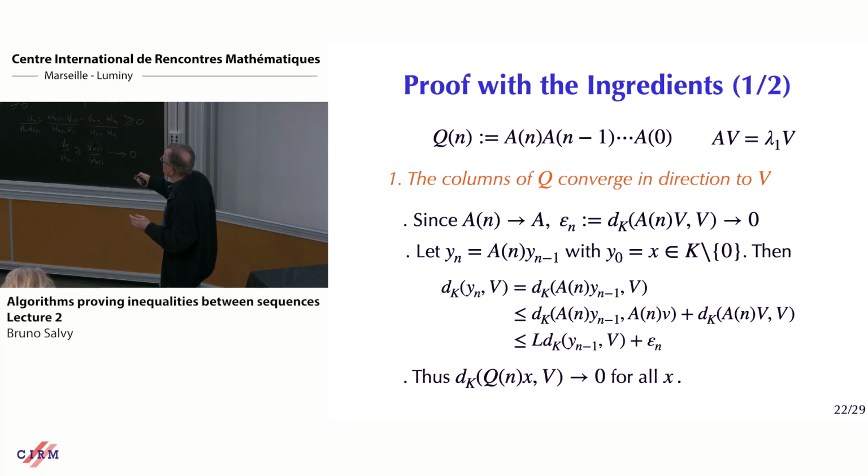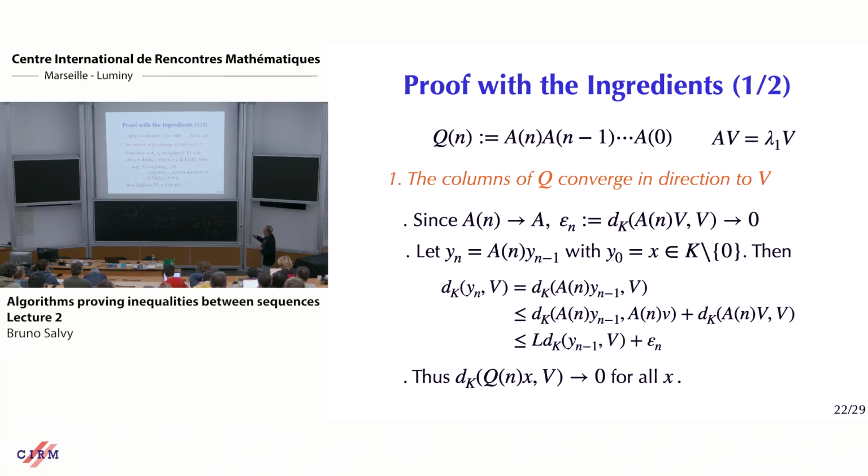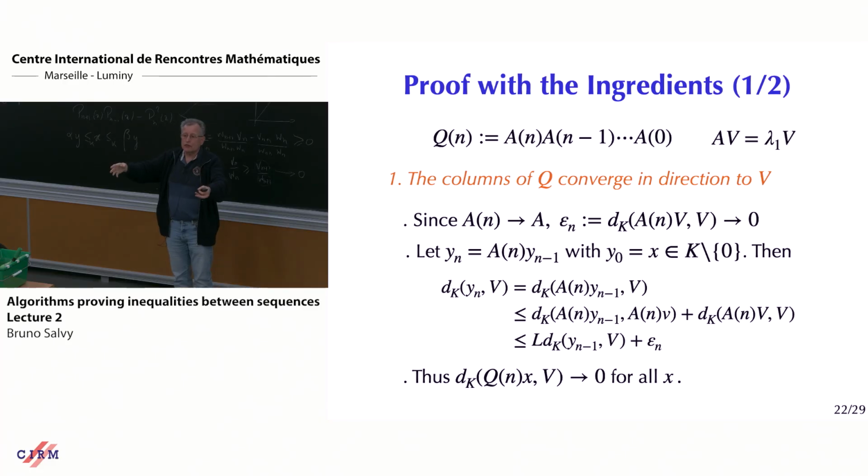So the first term is smaller than L times the previous distance. And this is, by definition, the sequence epsilon_n. And now you have a sequence of distances, so of positive numbers, that satisfies u_n is at most L u_{n-1} plus epsilon_n, with L smaller than 1 and epsilon_n tending to 0. And that's sufficient to prove that the sequence tends to 0.